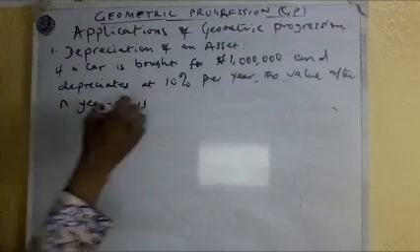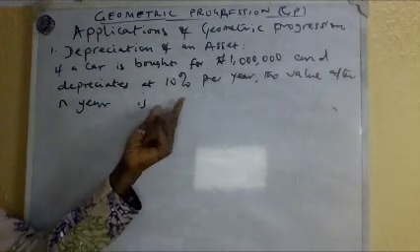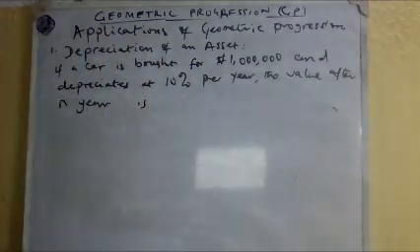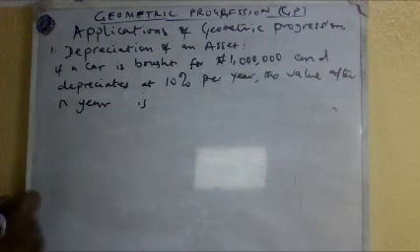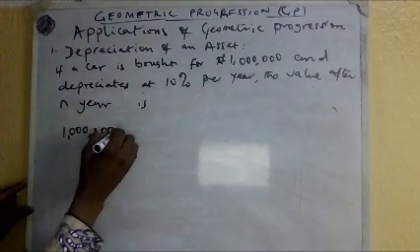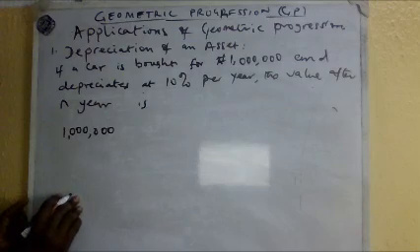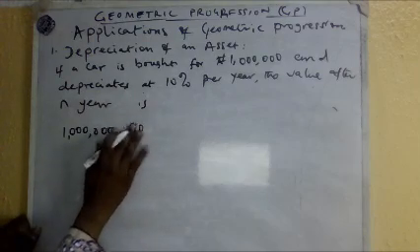Now, depreciation is like, every year there's a percentage that is taken off the value. You understand? So if the first year is 1 million, and it depreciates by 10%, the next year will be 900,000.